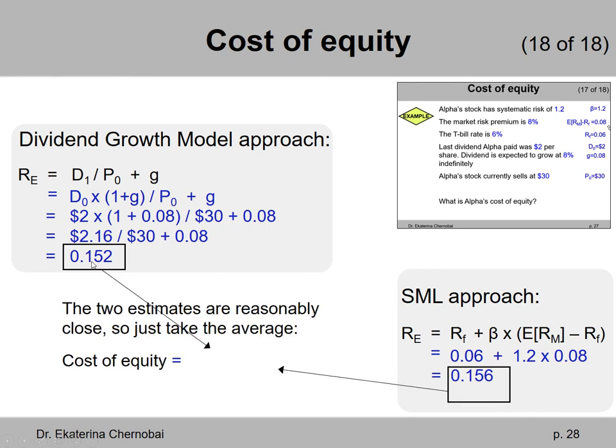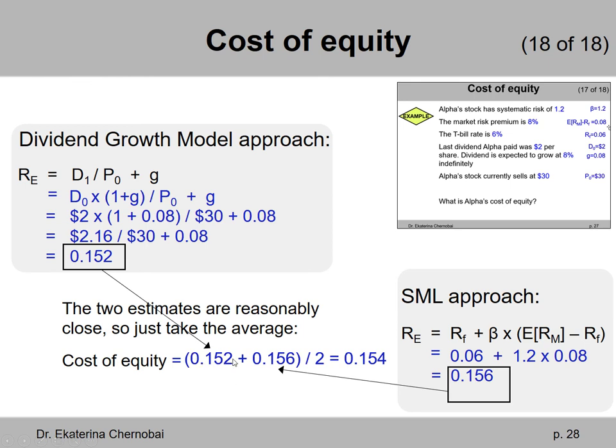Well, the two numbers, 0.152 and 0.156, are pretty close. So if you're not sure which approach we should use, then we can just take the average of the two results. And that will become our final answer for the cost of equity.